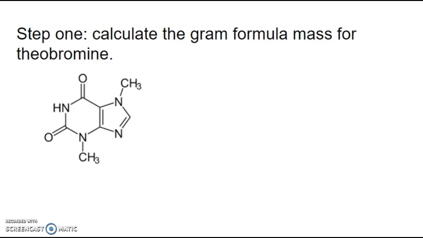And if we take a look at all of our elements in the compound, we can get started because we know that it's C7, so 7 times the 12 grams per mole, which is the gram formula mass for carbon. Next up we have our hydrogens, and we know that we have 8 hydrogen atoms in this molecule, so we can multiply 8 times 1 gram per mole, which is the gram formula mass for hydrogen.